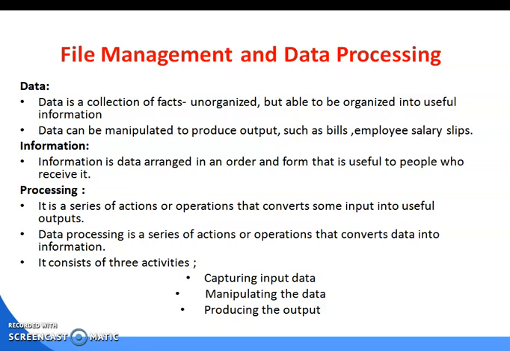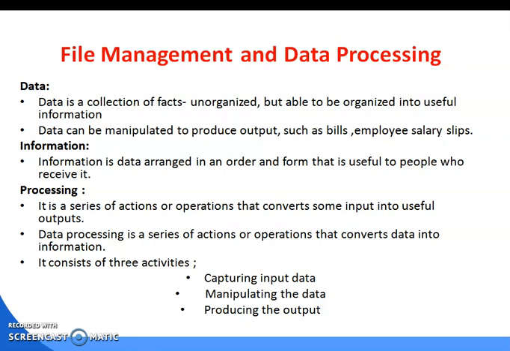Information is data arranged in an order and form that is useful to people who receive it. So data is generally raw facts, in unorganized form, but when it is placed in organized form, it becomes useful information, data arranged in an order and form that is useful to people who receive it.